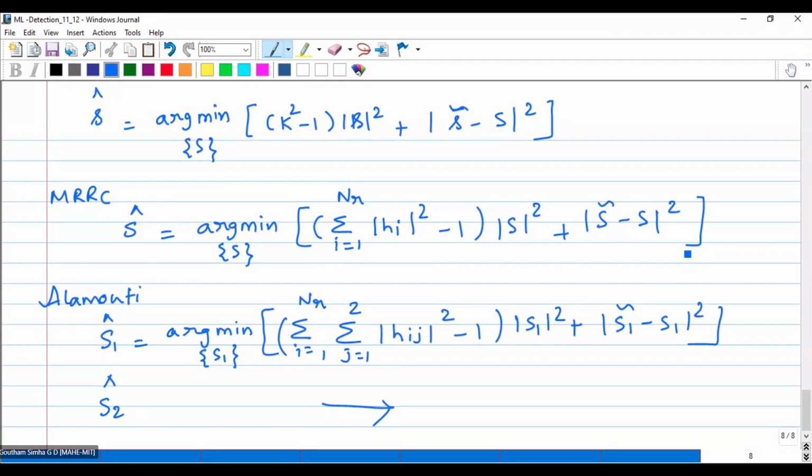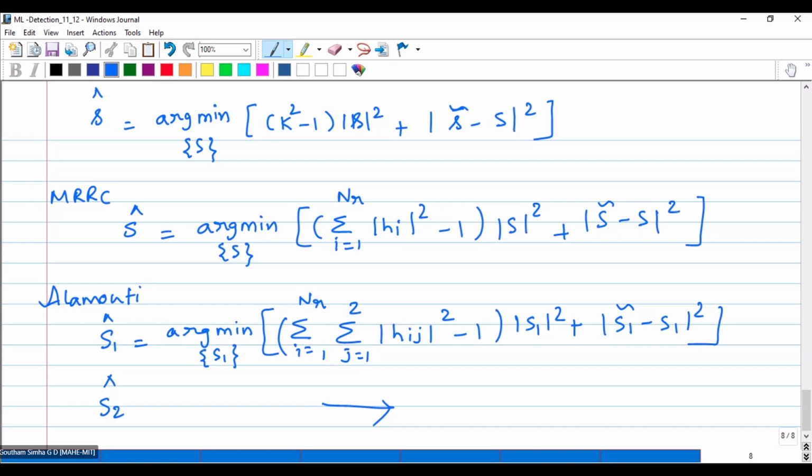So from these two, what we have understood is, in ML decoding for the MRRC receiver, you have no 2 time slots, but you have 2 receivers or more than 2 receivers. So what happens in that case? You have array gain as well as diversity gain, and that is shown with the combiner itself and with gamma, that is your SNR. The degrees of freedom will be 2, so you have 2 degrees of freedom.